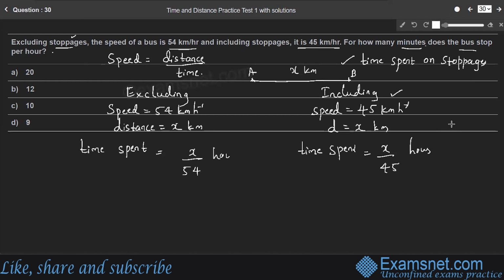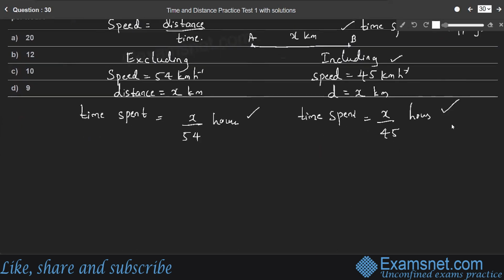Here we first need to find the time spent on stoppages. For that, we need the relation between the time spent excluding stoppages and including stoppages. How many times more is the time excluding stoppages than the time including stoppages? Whether it is more or less should also be taken.